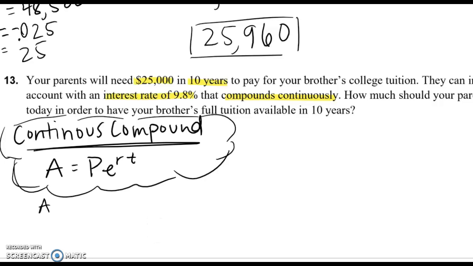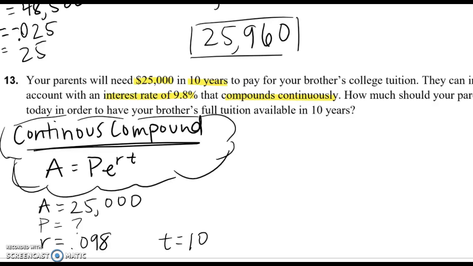A is the amount they're going to have at the end, which should be 25,000. That's how much the parents need. P is what we're solving for, what we need to start with, so we don't know what that is. R is the rate. Remember to change the percentage to a decimal, so 0.098. And then T is the years. T is 10.